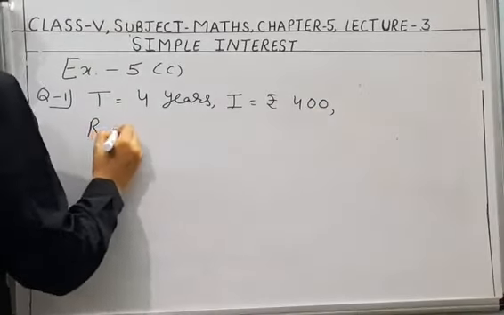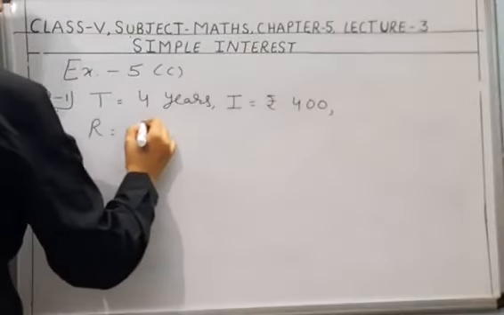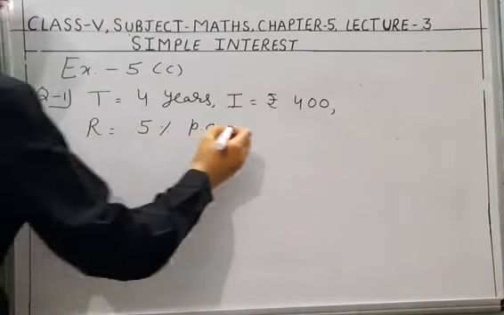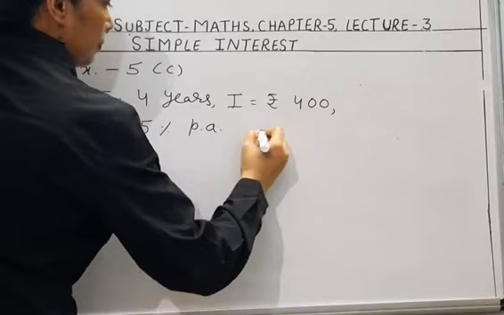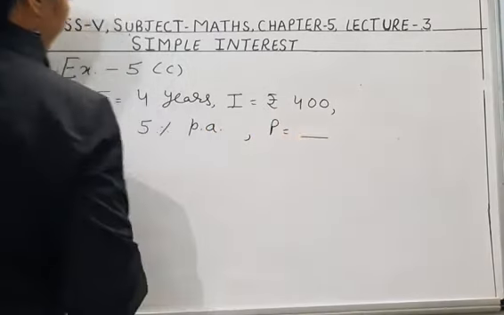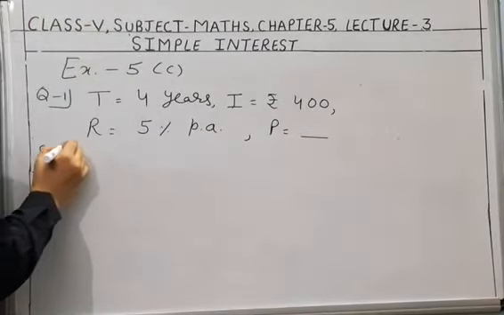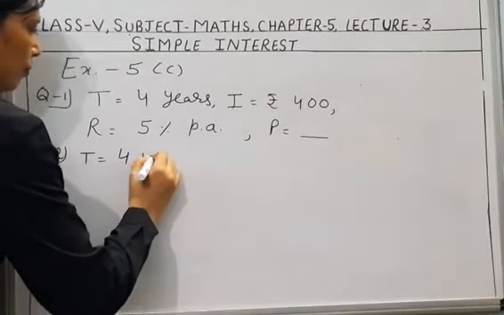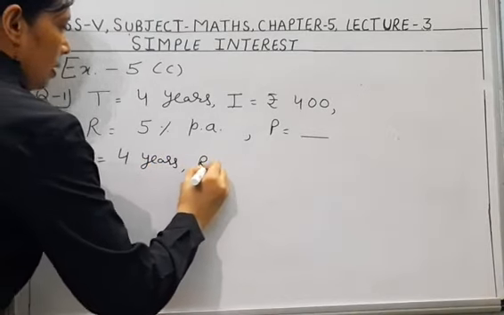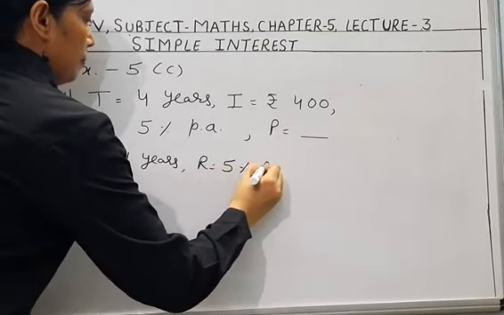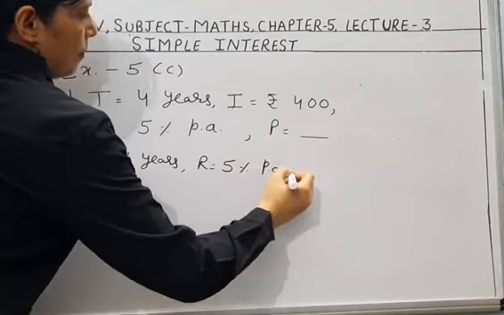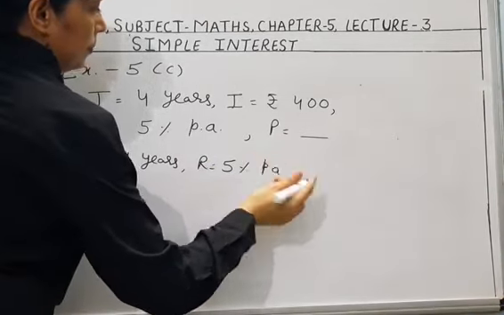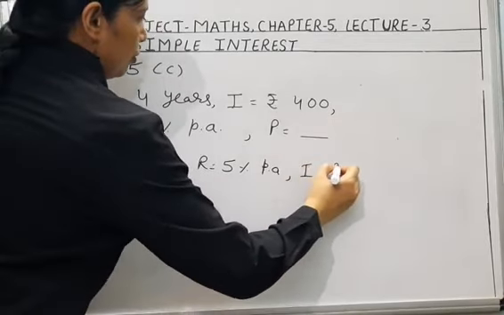Rate is given 5% per annum. And we have to find principal. Right. So let's start the solution. First of all, write down the given terms. Time 4 years, rate 5% per annum, interest rupees 400.